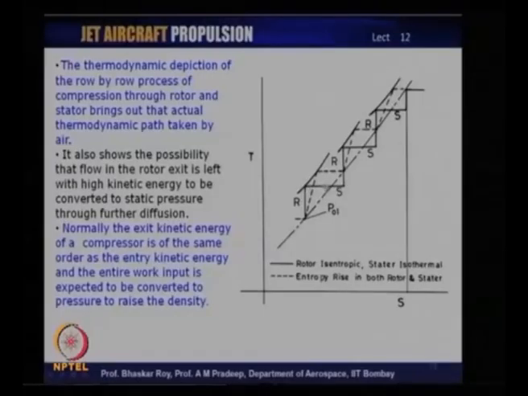So, this is the isothermal work that we were talking about, and this is the isentropic work that we were talking about earlier. Along this k is equal to gamma, along this k is actually equal to 1. So, it is a combination of these two that make up the entire compression process through rotor and stator. So, that is how the work through the compression process actually proceeds.